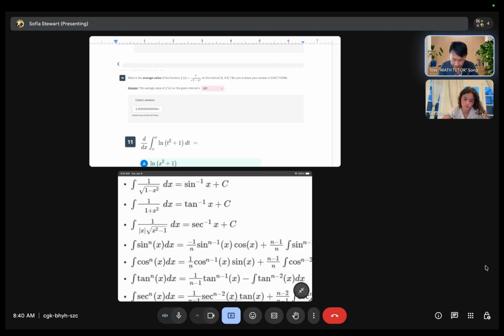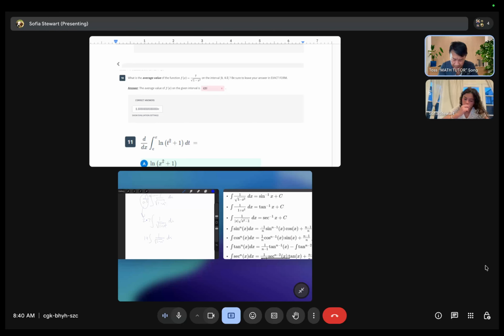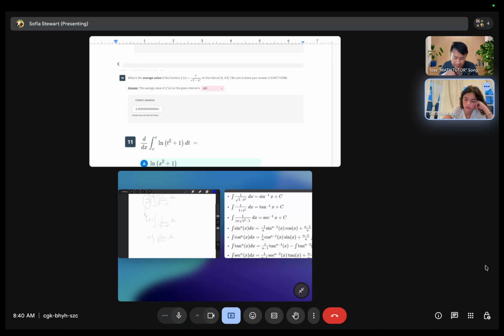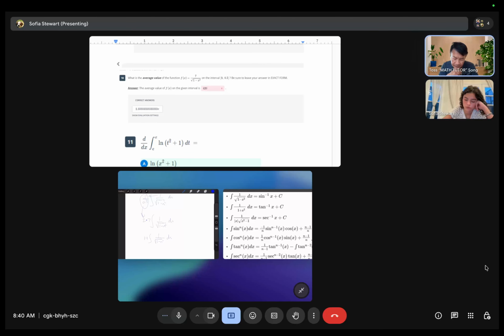Is it a plus or minus? It's a minus. It's arc sine. Do you see that? Let me double check here. Yeah, you okay so far? Yeah. So it's an arc sine, the first one.